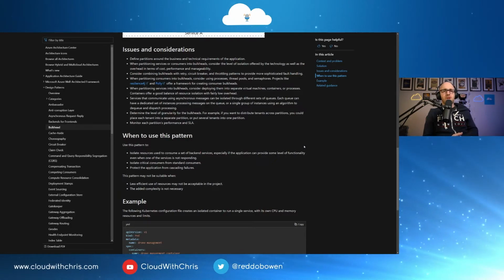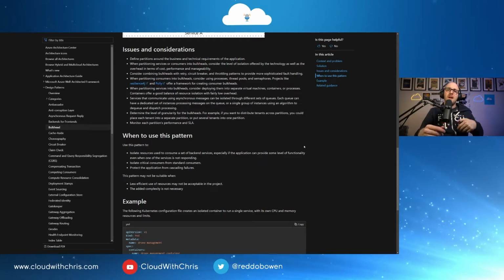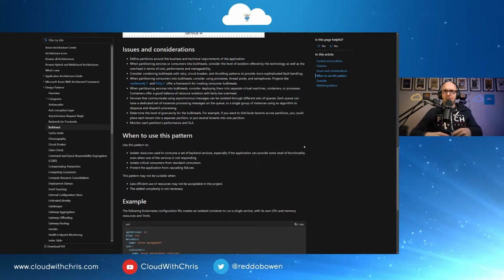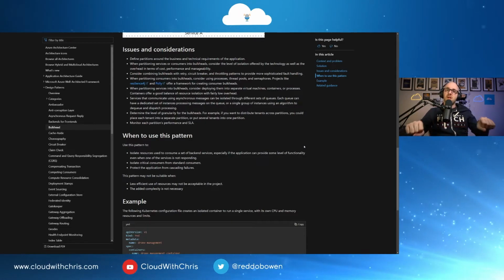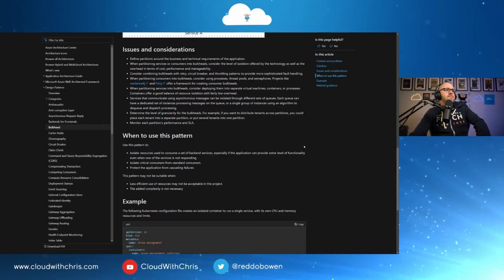You could, of course, use a single queue or a single group of instances, but again, you then need to figure out how those instances pull which messages they need. So just think about those pieces, because again, you don't want to start routing messages to the wrong places. So there could be some complexity in there, depending on if you have those asynchronous messaging requirements. But again, just think that through, because you want to make sure they're segregated if you have those resilience concerns.